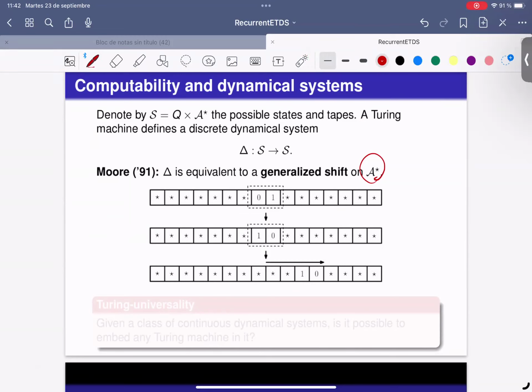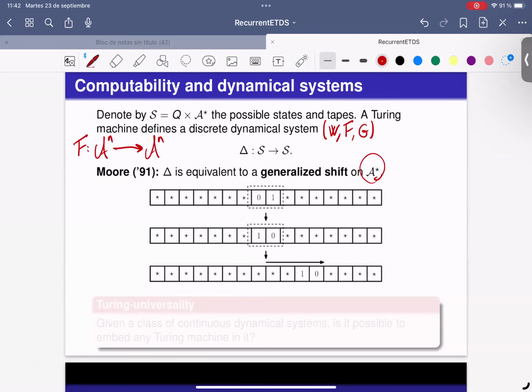So a generalized shift is a triple W, F and G, where W is the window size. F is a function from A^W that reads W symbols and gives you another W symbols, the symbols that you are going to substitute.